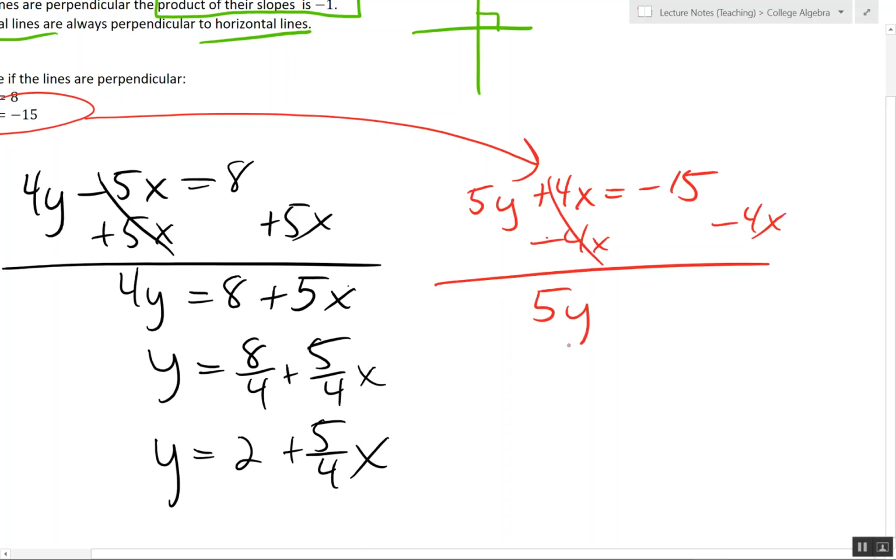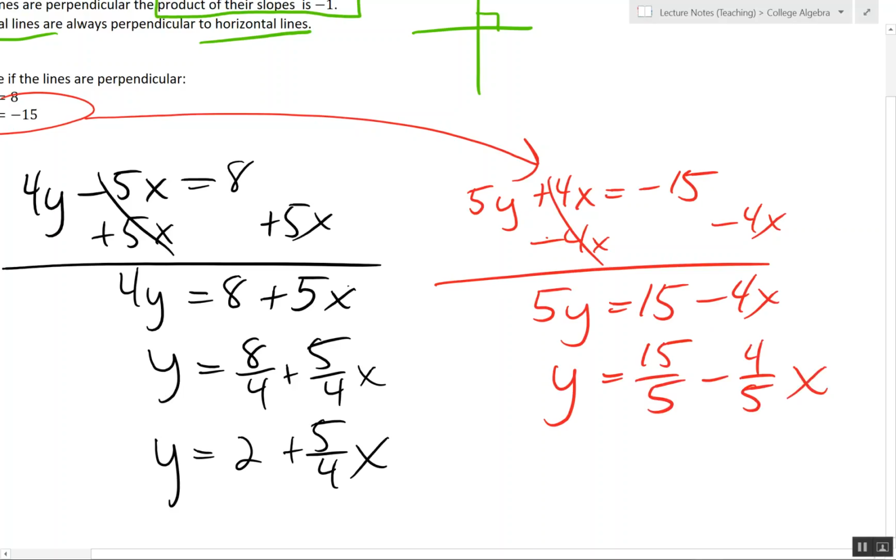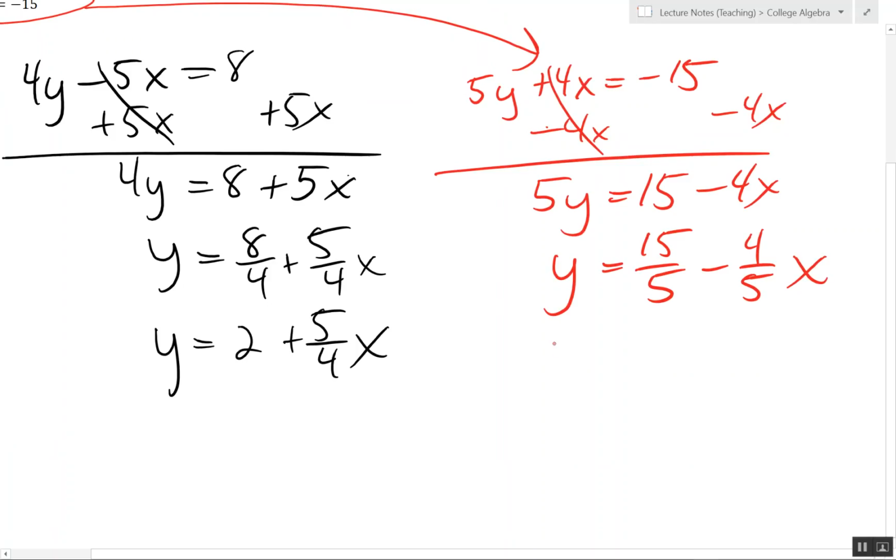And we get that 5y equals -15 minus 4x, and dividing both sides by 5, we get -15 over 5 minus 4 over 5x, and the 15 divided by 5 is 3, so we'll get 3 minus 4/5 x.